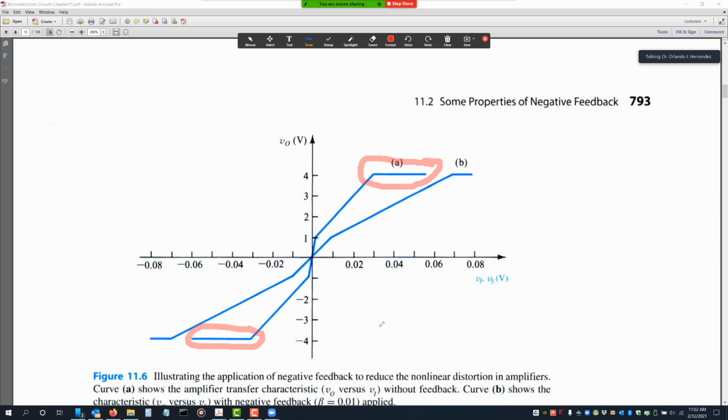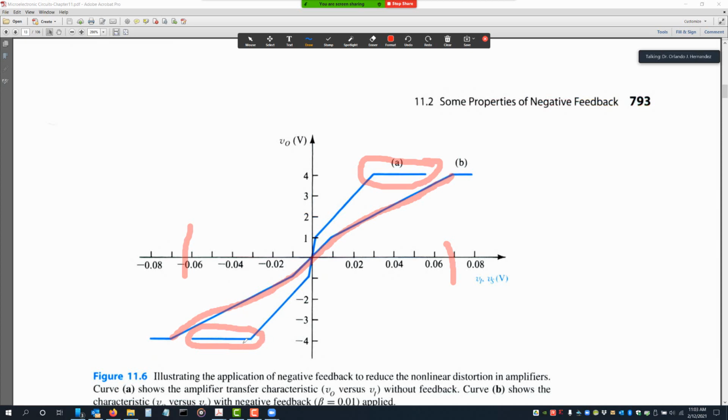But if you reduce the gain via feedback, now you can present higher inputs or a higher dynamic range at the input, and still get a linear relationship. So you get an expanded input dynamic range that reduces the nonlinear distortion of the open loop case.